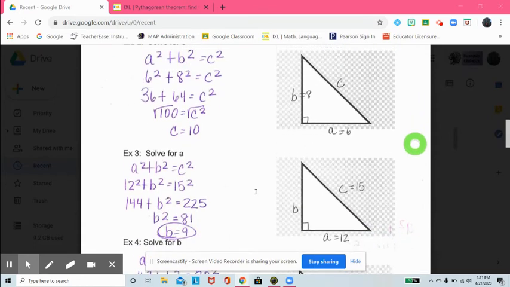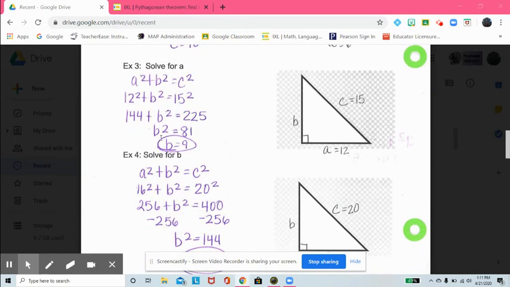One last one here. This time, and this is what you are going to do on Friday, you're going to solve for a leg. So here you're going to write a squared plus b squared equals c squared, but this time they give you the hypotenuse. So you're going to write 12 squared plus b squared equals 15 squared. 12 times 12 is 144. 144 plus b squared, because that's what we're looking for, equals 15 times 15, which is 225.